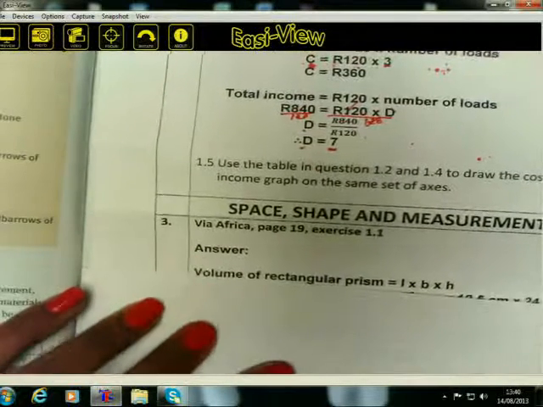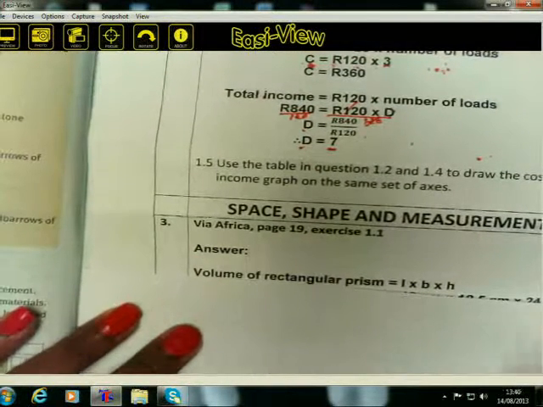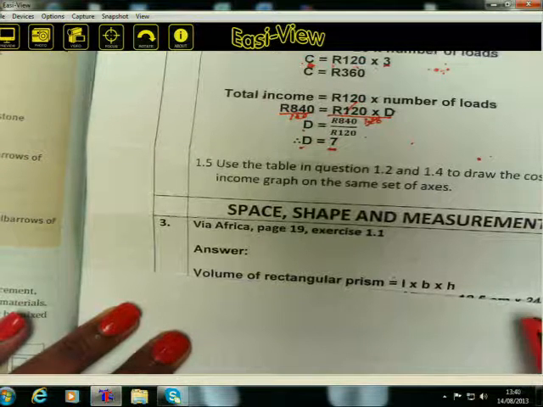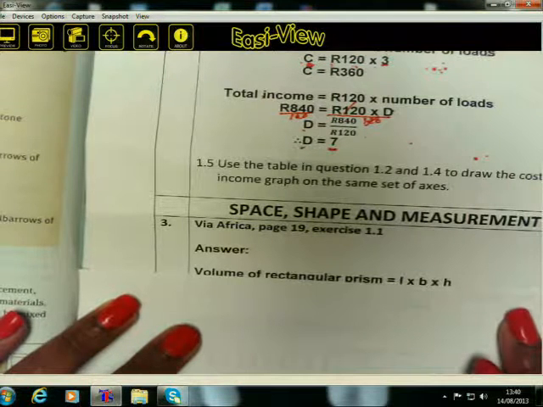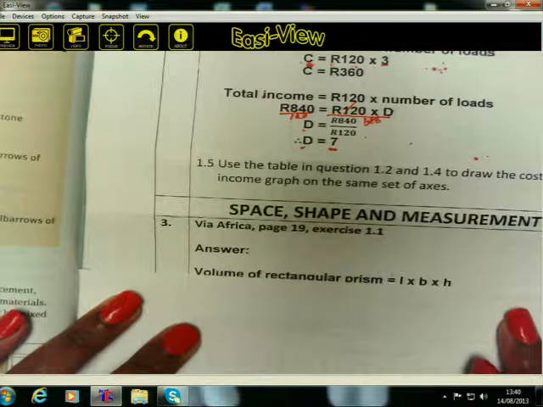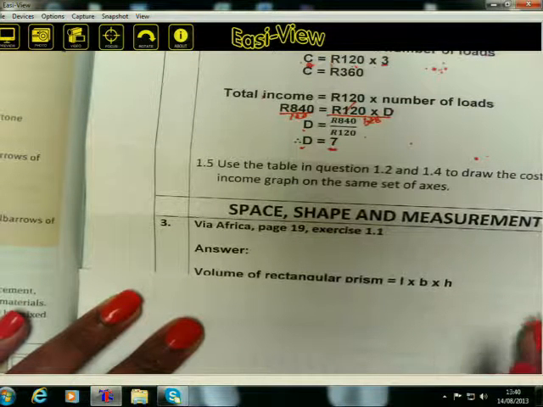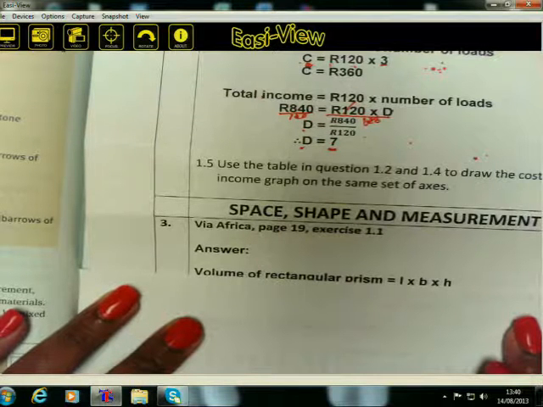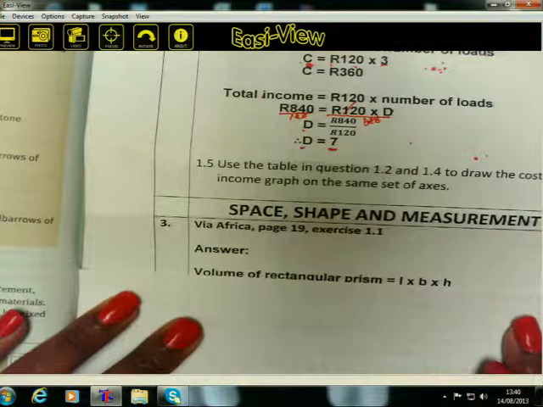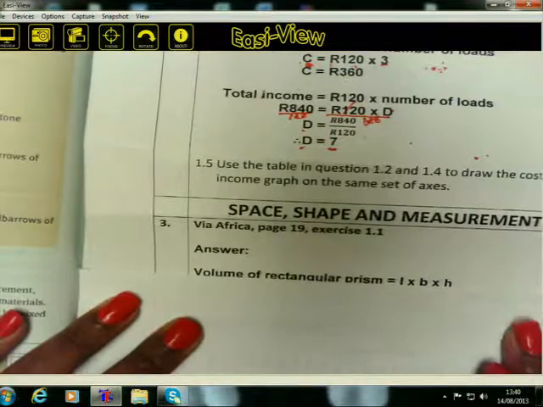Remember, the formula for calculating the volume of a rectangular prism is given by length multiplied by the breadth multiplied by the height. I don't think you need to memorize this formula because every time in a formal assessment, be it the test or the examination, the formula is always provided. All you need to do or all you need to have or know is how to substitute into the provided formula.